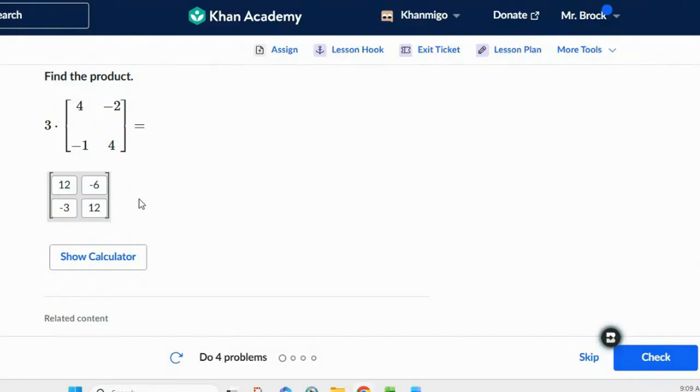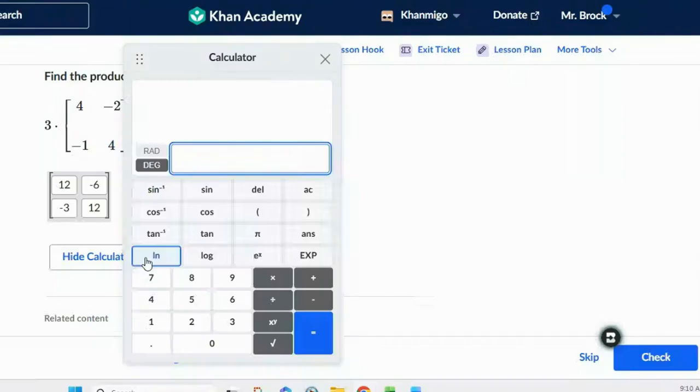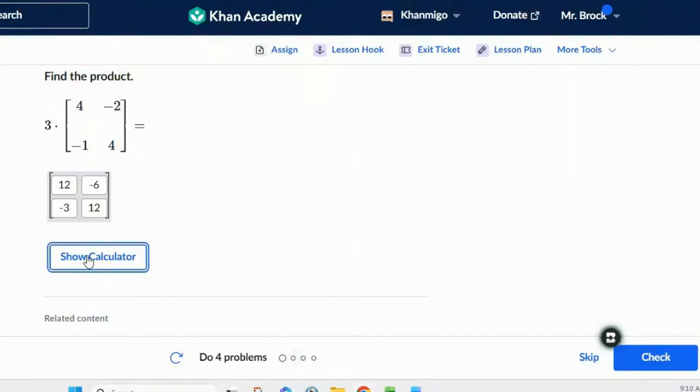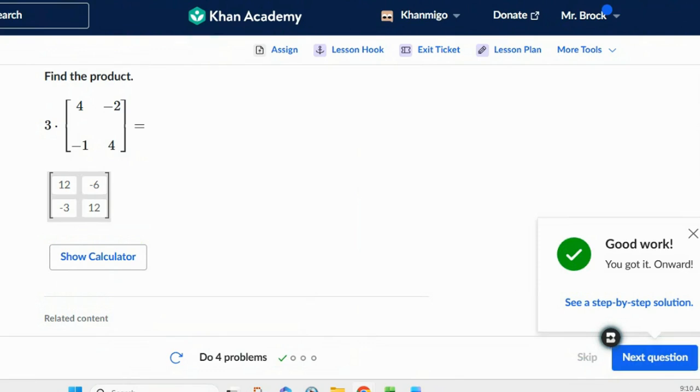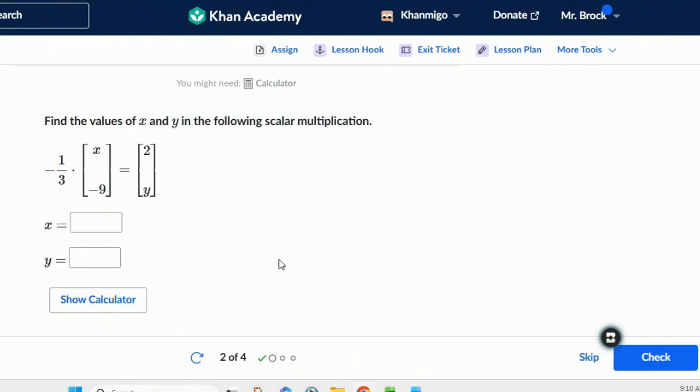It is that simple. Just take all of the numbers in the matrix and multiply them by 3. They do have a calculator if you need that on the assignment here. Show calculator. Okay, there's number 1.